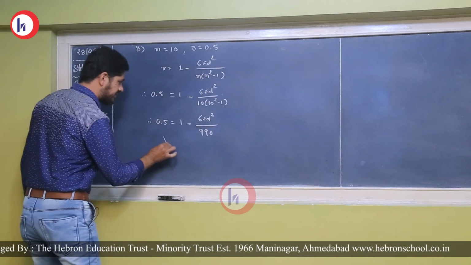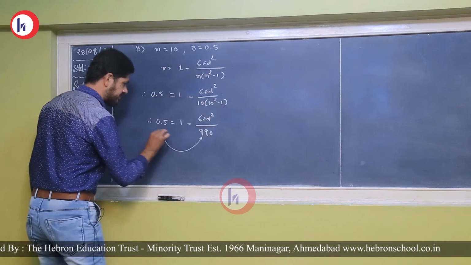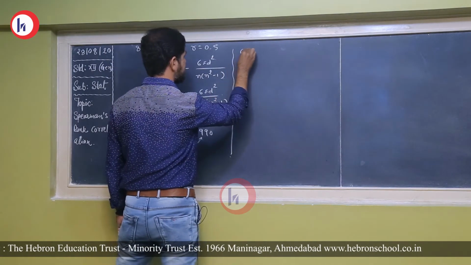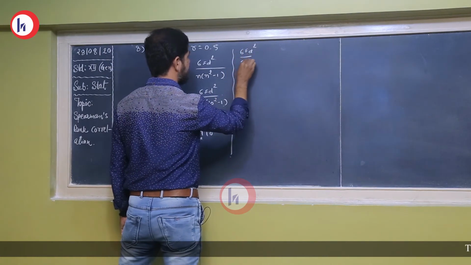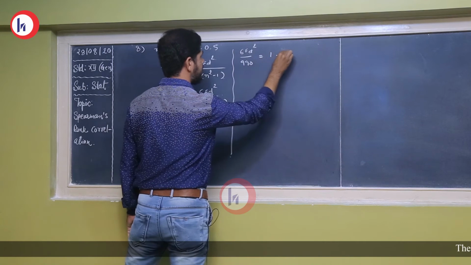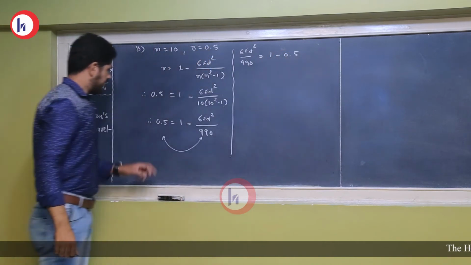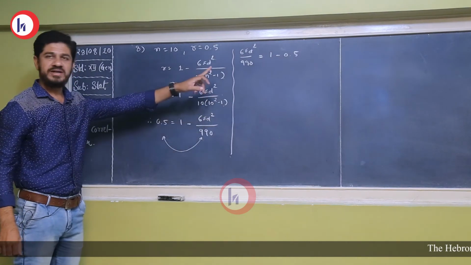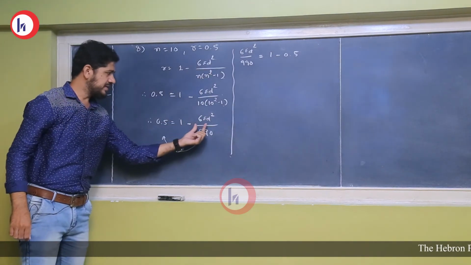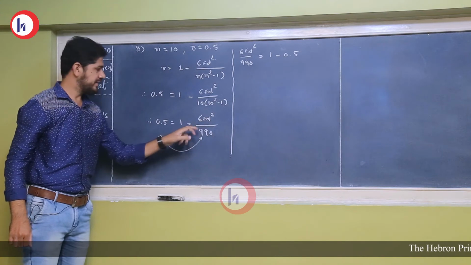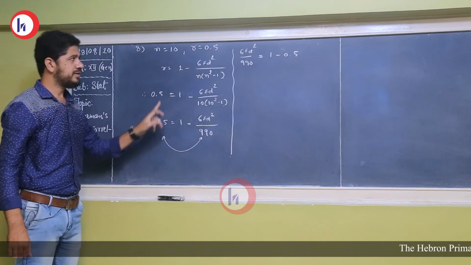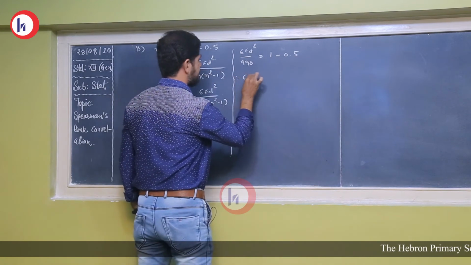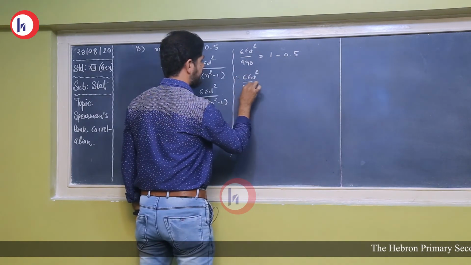Now let's interchange these values. We will get 6 sigma d square upon 990 is equal to 1 minus 0.5. 0.5 is a positive value; when we change the side, we get minus 0.5. And minus 6 sigma d square is negative; when we change the side, it becomes positive.